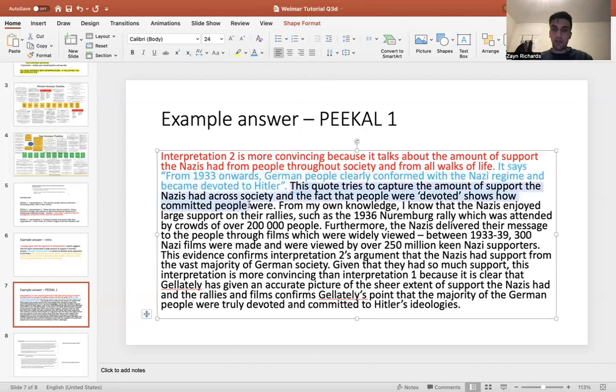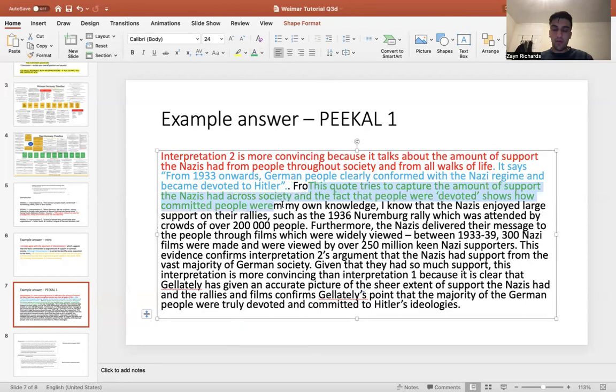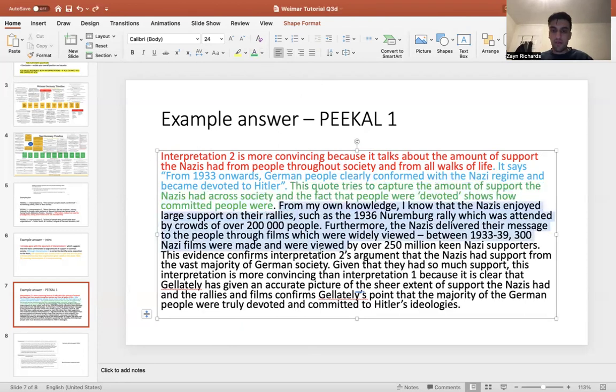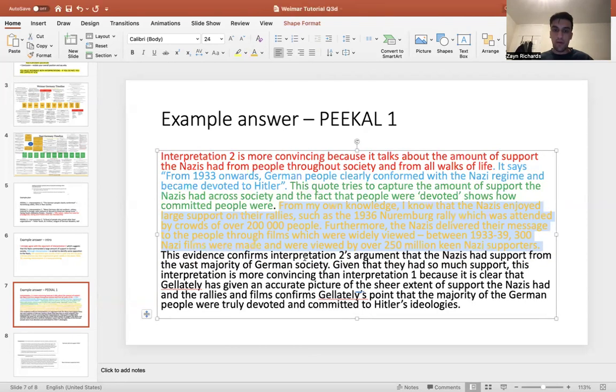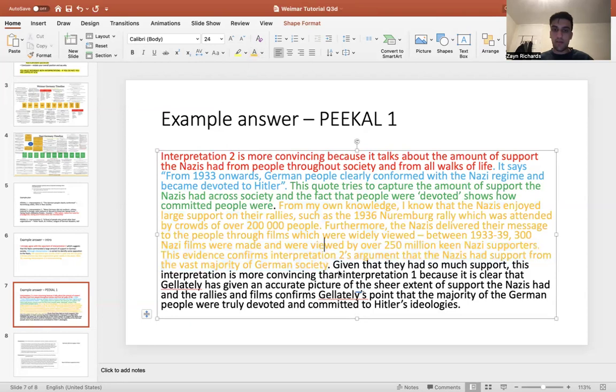Then my explanation is in green. Then my own knowledge is in yellow. And then the last part is my analysis and link.